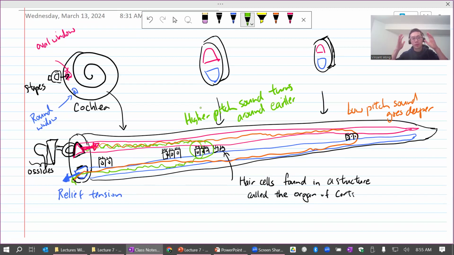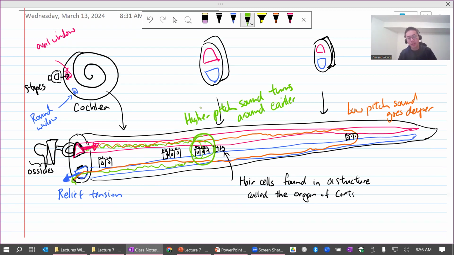So this is what I want you to visualize. The hair cells here, all the hair cells that you see that are in the middle, they are like the keys of a piano, okay? So when you pick up a sound, like a low pitch sound, it's gonna go in, and then it's gonna turn around. So you're pressing on the keys of the piano that are low pitch sound, and only those keys will be pressed.